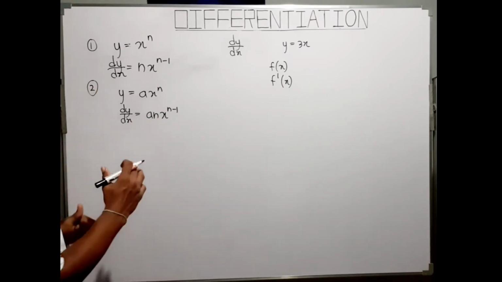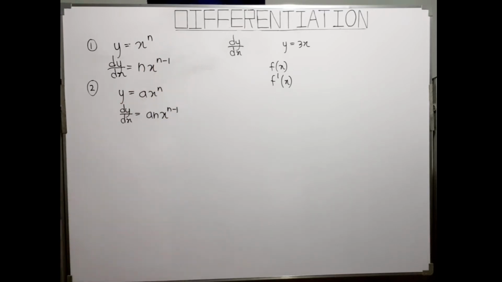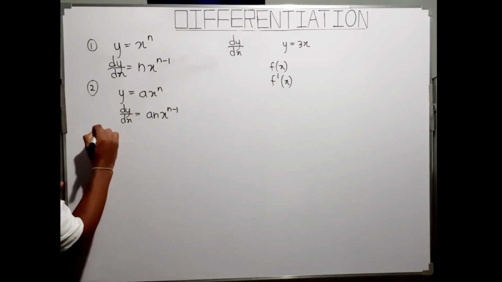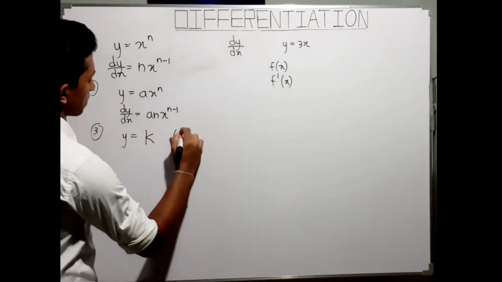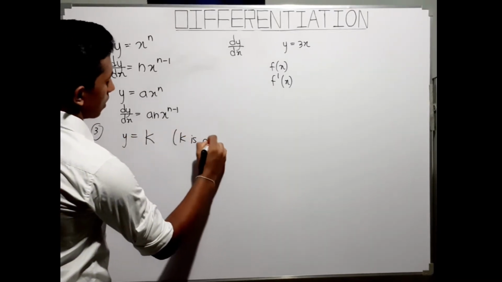Now let's look at what happens to a constant when it undergoes differentiation. The third one: y is equal to k, where k is a constant.